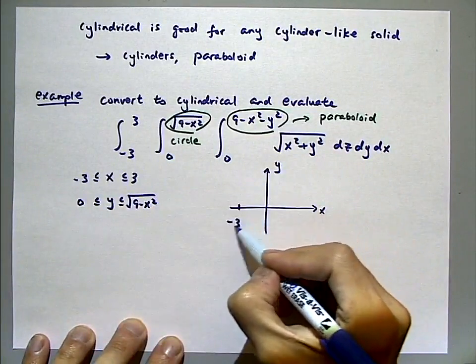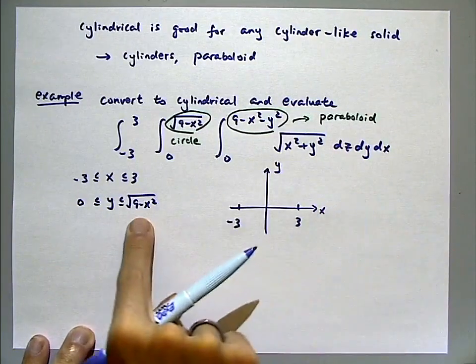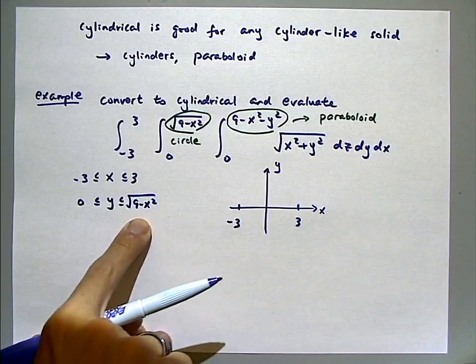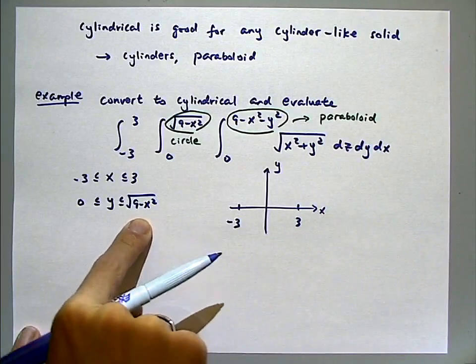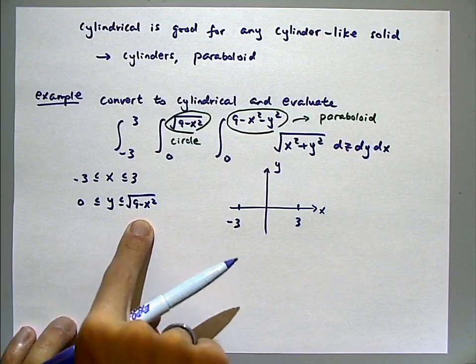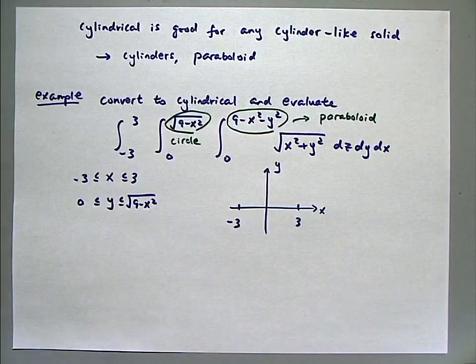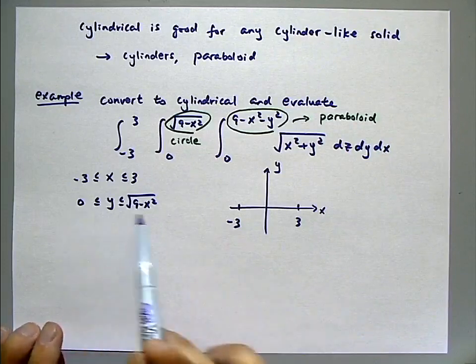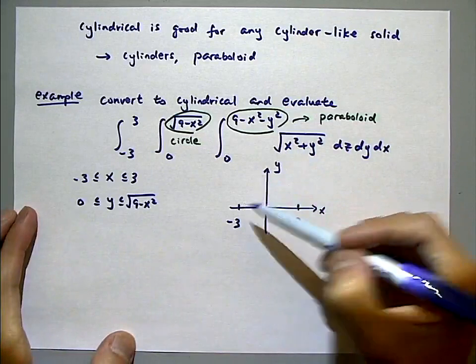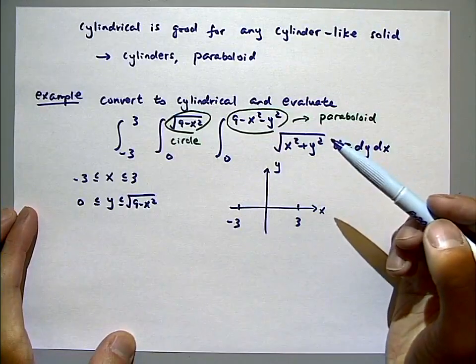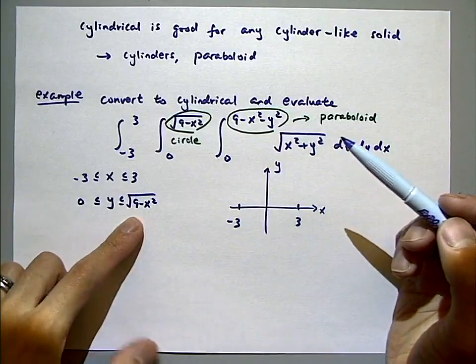What's the square root of 9 minus x squared? It's a semicircle, right? Half a circle, upper half or lower half? Upper half, right? 0 to that, so it's got to be the upper half. What's the radius? 3.